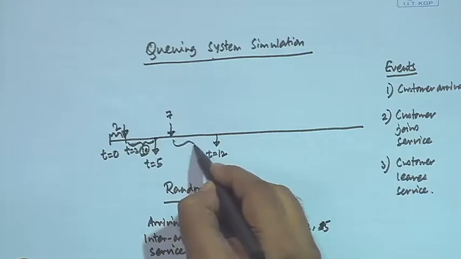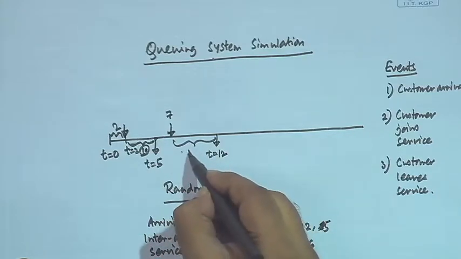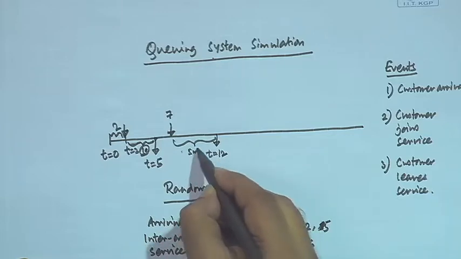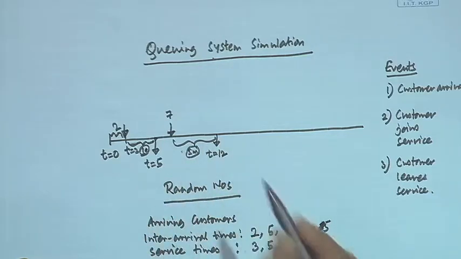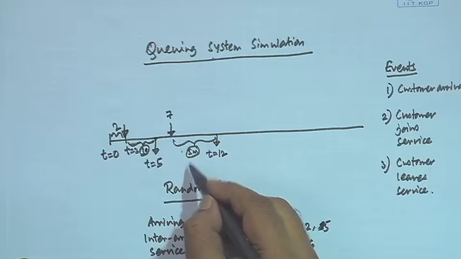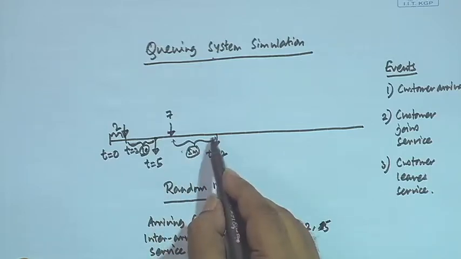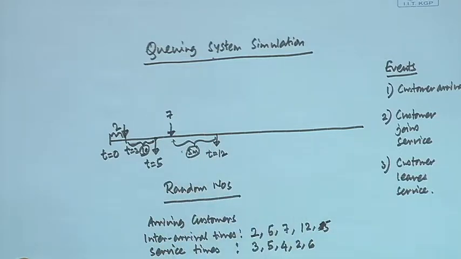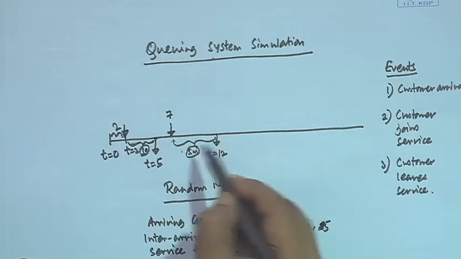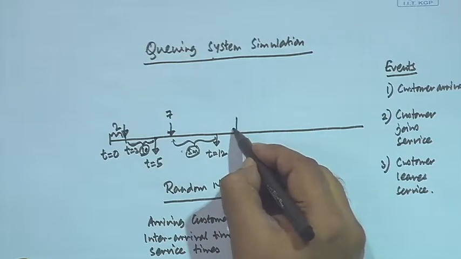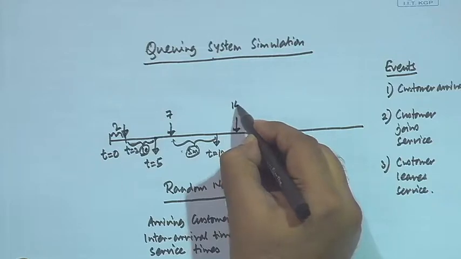This is the 5 minutes where the second customer gets serviced. At this point of time there is one customer. Again, the next customer arrives after 7 more minutes, so the next customer comes at 14.